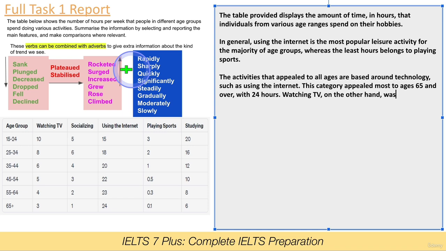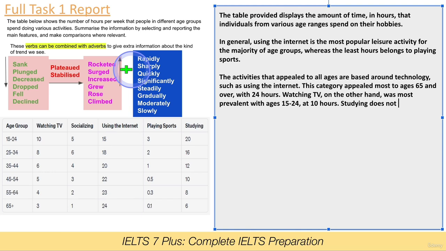most prevalent with ages 15 to 24 at 10 hours. Studying does not, so we're not using contractions in our essays.